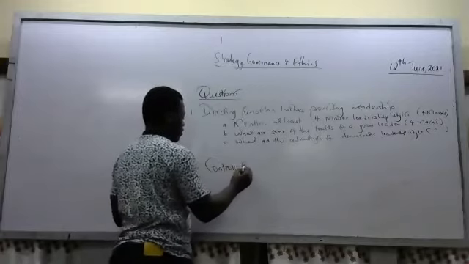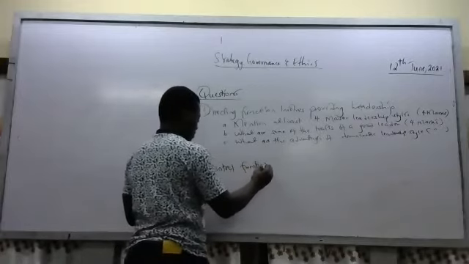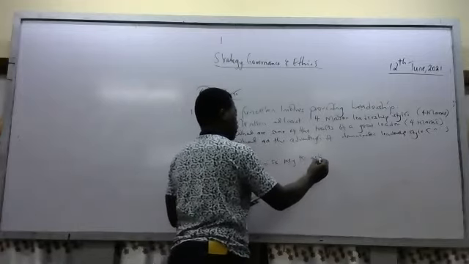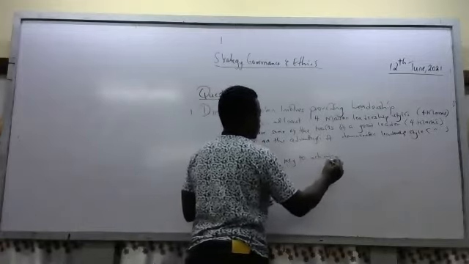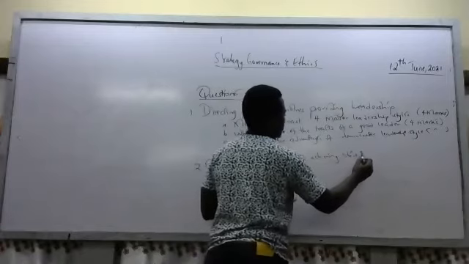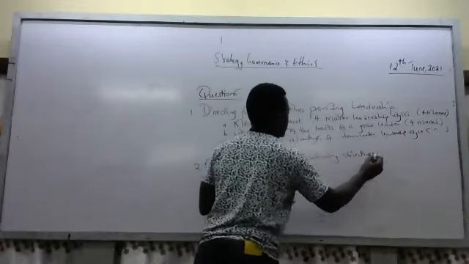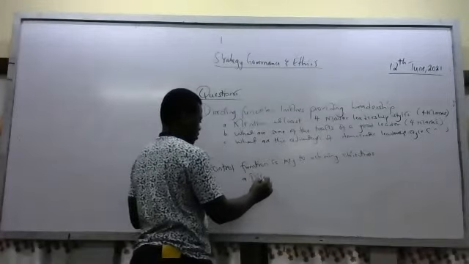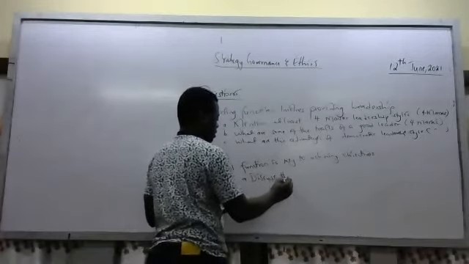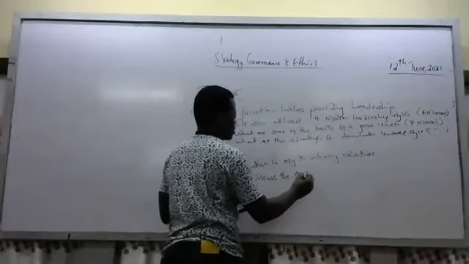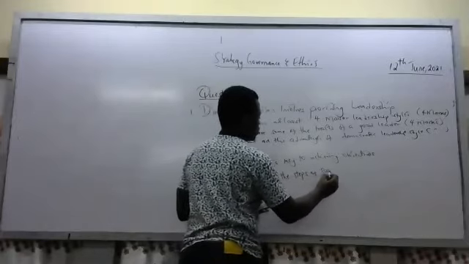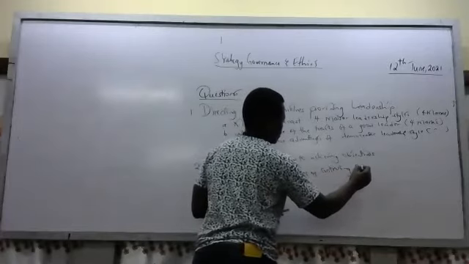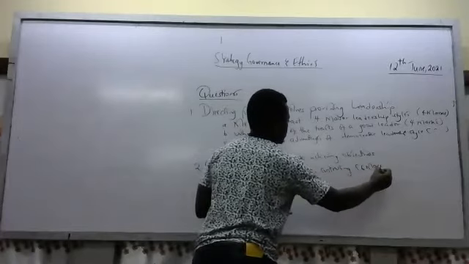Control function is key to achieving objectives. A, discuss the steps of controlling. 6 marks.